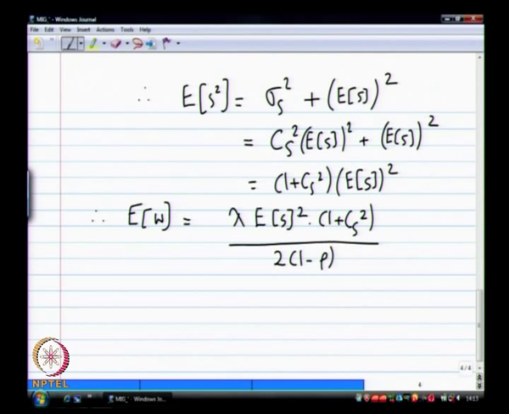So E of S squared, which was there in the earlier formula, is now replaced by this, which I can rewrite. So lambda E of S is what? Lambda is the arrival rate, into service time is simply the utilization, rho. So lambda E of S is rho. So this is rho E of S into 1 plus CS squared divided by 2. That is the formula in Raj Jain's book, which expresses it in terms of the coefficient of variation.